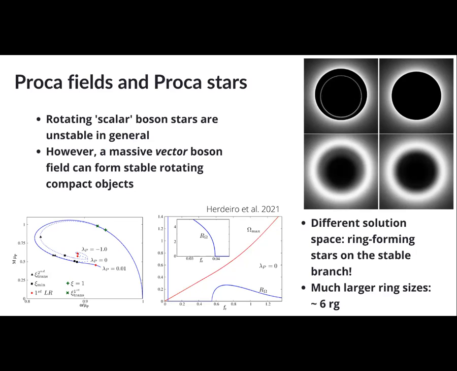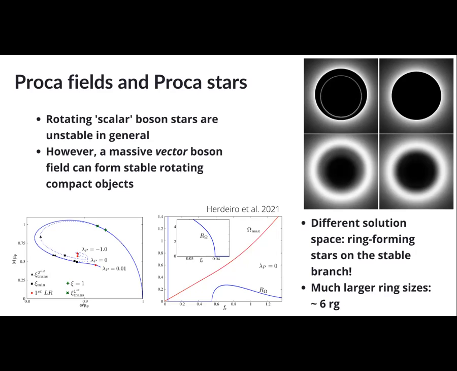These are very interesting because, in contrast to boson stars that are thought to be unstable when rotating, most of the cases of rotating Proca stars are also stable. In addition, we saw that for boson stars, the space of solutions had non-zero central brightness depressions only for members in the unstable family.